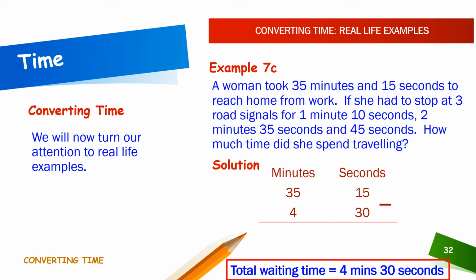So here we've recorded 35 minutes and 15 seconds minus 4 minutes and 30 seconds. Now, as you can see, 15 minus 30 isn't easily doable, so we need to borrow from the minutes column.